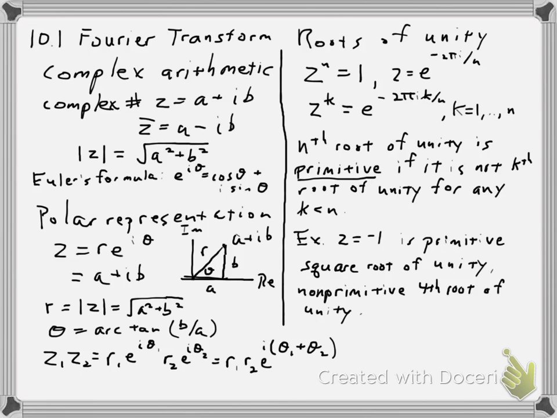And if you think about it, I will note, for any n, z equal to e to the minus 2 pi i over n is an nth root of unity. We're going to use this as a generator for the nth roots of unity.